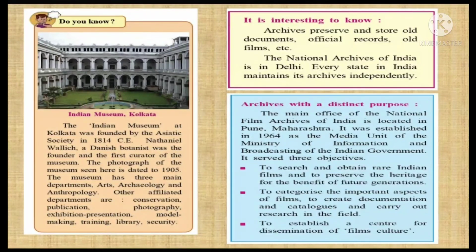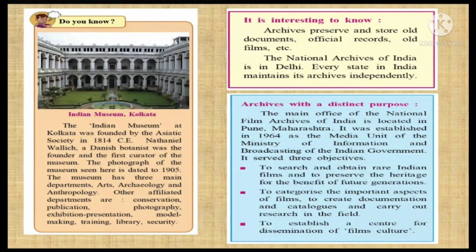Second is to categorize important aspects of film to create documentation and catalogs and carry out research in the field. Now, categorize means to group certain important aspects of the film, documents and catalog, and then carry out research in that particular field.